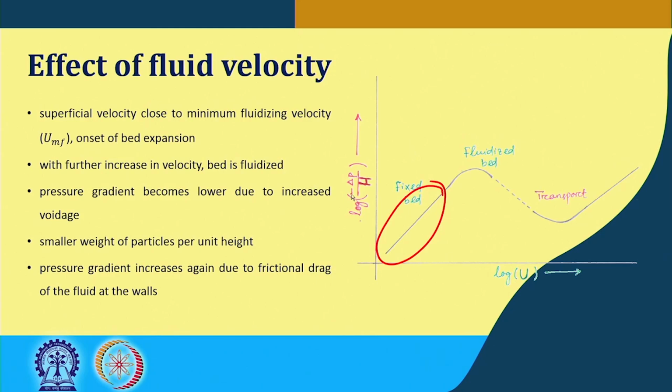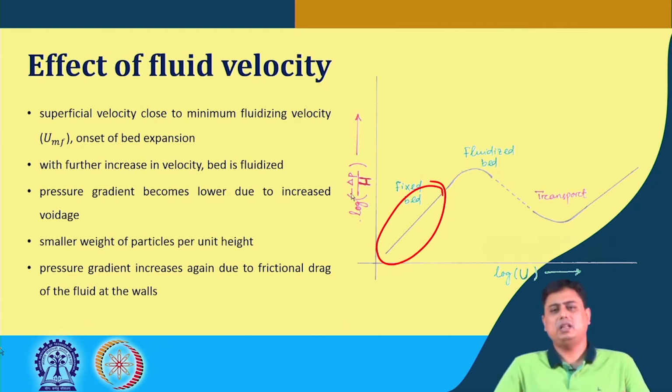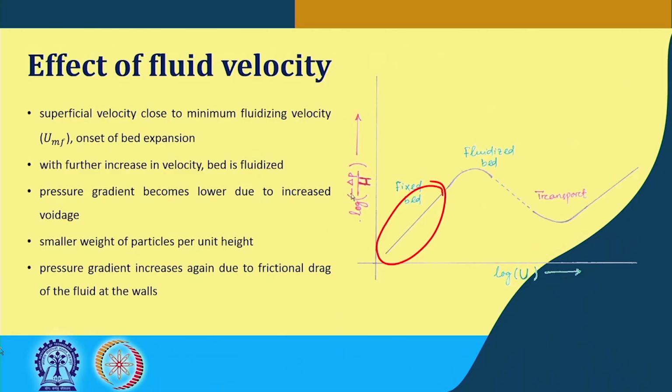If we continue increasing the superficial velocity, as we have repeatedly discussed, the bed will start to expand and the voidage will start to increase, until the apparent weight is just balanced by the upward thrust. Till that point the bed expands and the pressure does not change much, remaining some kind of constant value.